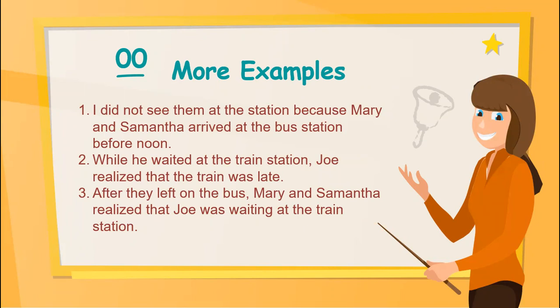While he waited at the train station, Joe realized that the train was late. After they left on the bus, Mary and Samantha realized that Joe was waiting at the train station. Very good. Thank you very much for that.